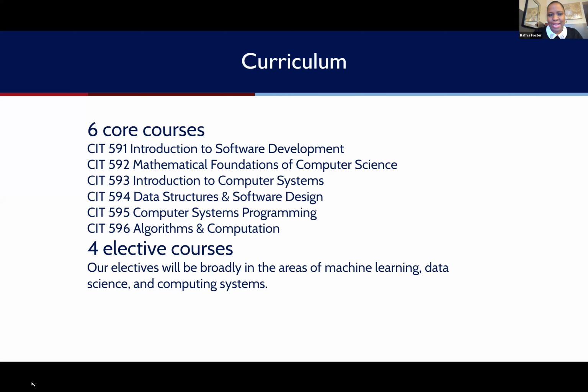Each semester, we add more electives as the program continues to grow. MCIT Online has been open for 2 years. This is our second year, and so we're building electives as the program continues to grow. A list of electives and courses is available online on our website, so you could visit that later on.